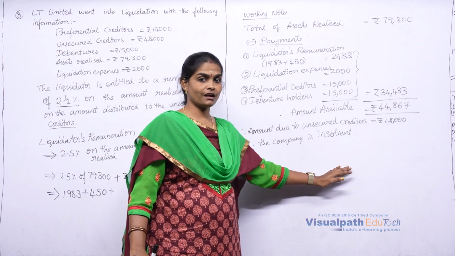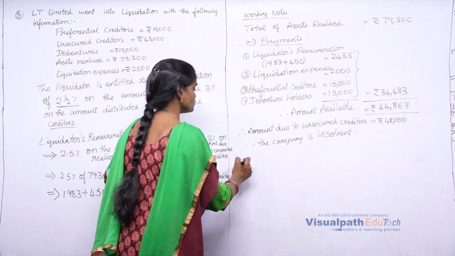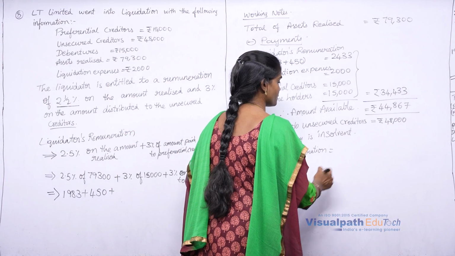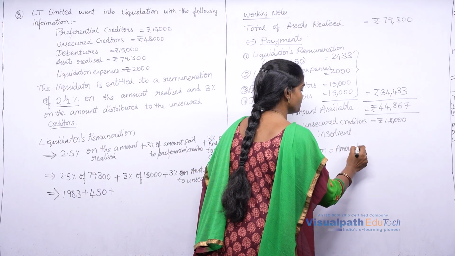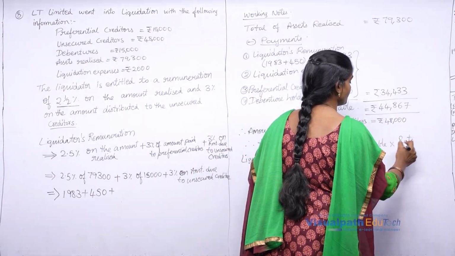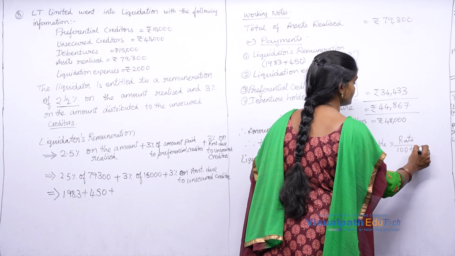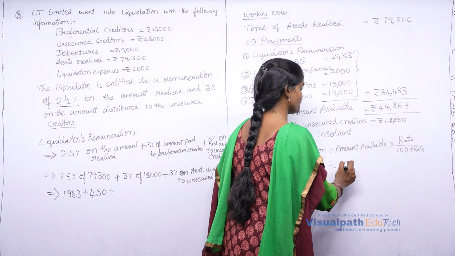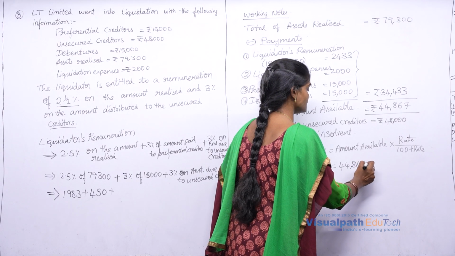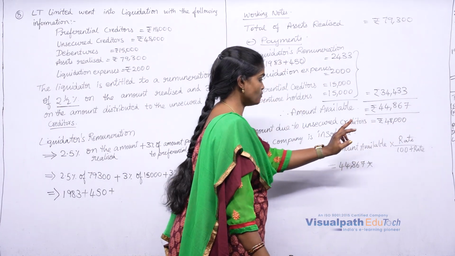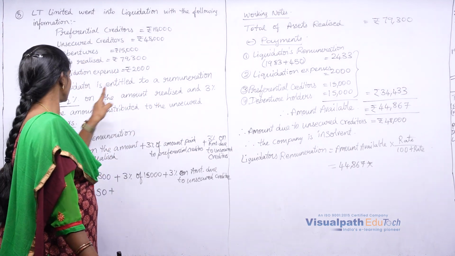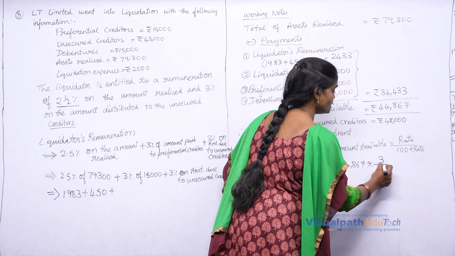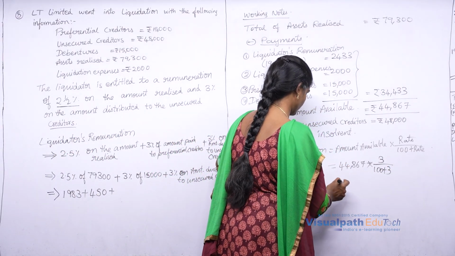Amount available into rate by 100 plus rate. Clear? So now calculate liquidator's remuneration. Amount available into rate by 100 plus rate. How much is the amount available? 44,867. 44,867 into rate. How much is the rate here? Here 3% on the amount distributed to unsecured creditors. So 3% is the rate. So 3 by 100 plus 3.